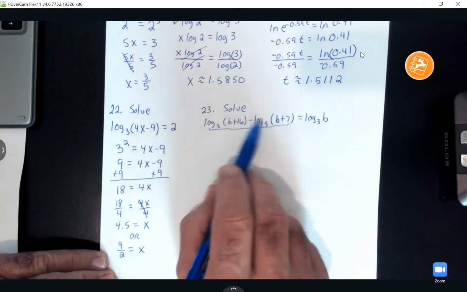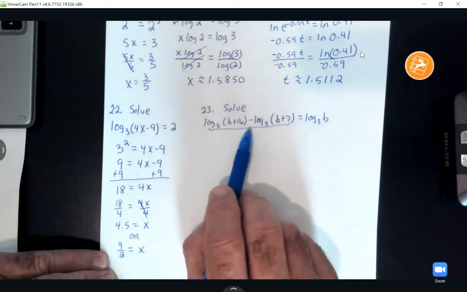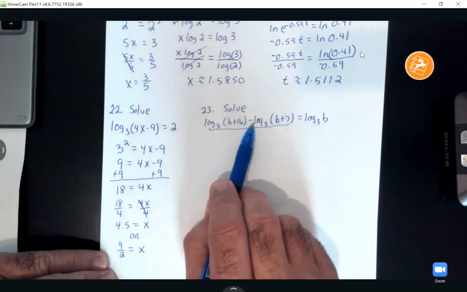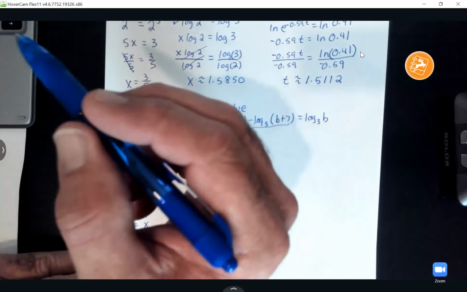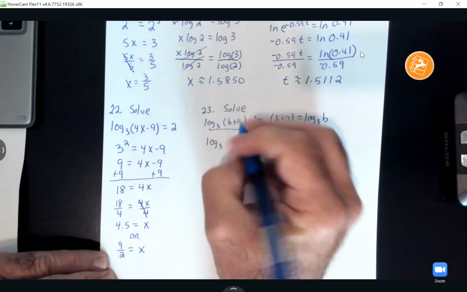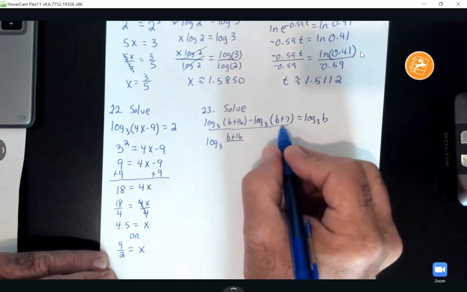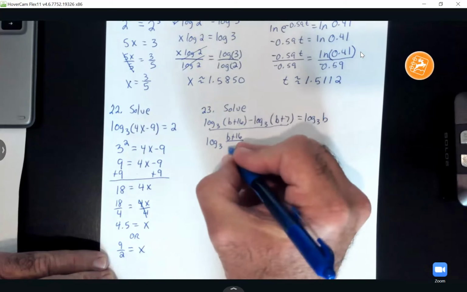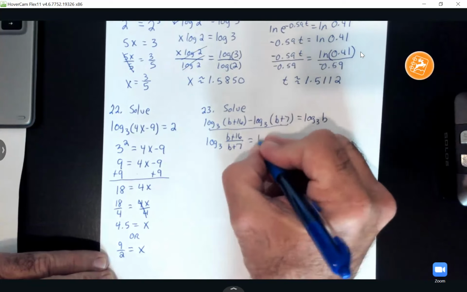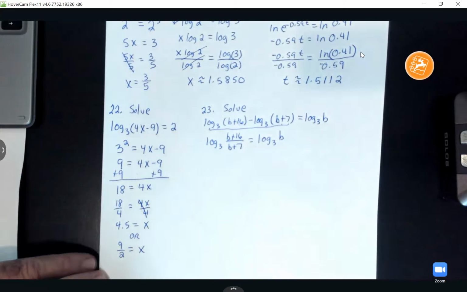I got two logs, so I got to rewrite this as a single log. Now remember, just like those ones we simplified a while ago, if they're being subtracted, we'll rewrite it as a quotient. So that's going to give me log base 3. Remember, the b plus 16 goes to the top. This part that's being subtracted means that the b plus 7 goes to the bottom. And all of this is going to equal the log 3 of b on the right side.